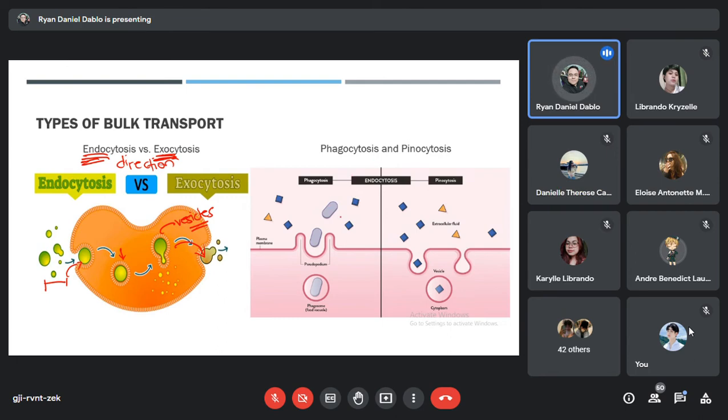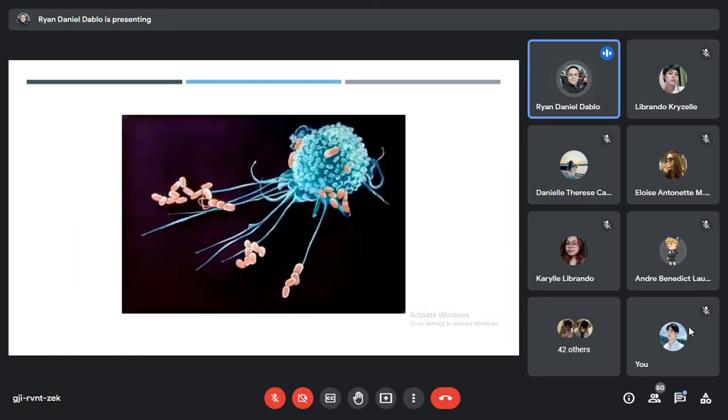If it's a solid molecule, we call that phagocytosis. So it's like the cell eating something, right? And if it's a liquid molecule, we call that pinocytosis, or the cell sort of drinking, right, to get that thing inside. Okay? So please take note of that. A good example of phagocytosis is this lymphocyte or white blood cell eating up bacteria that it has come in contact with.